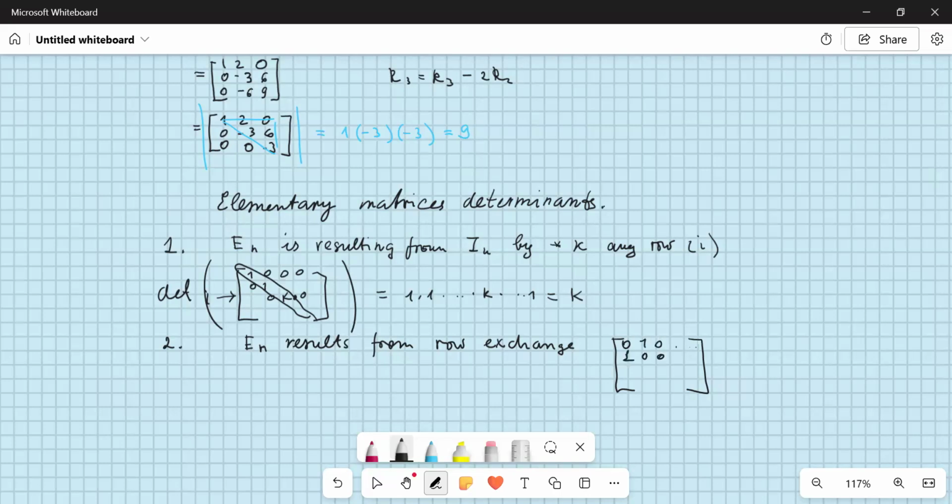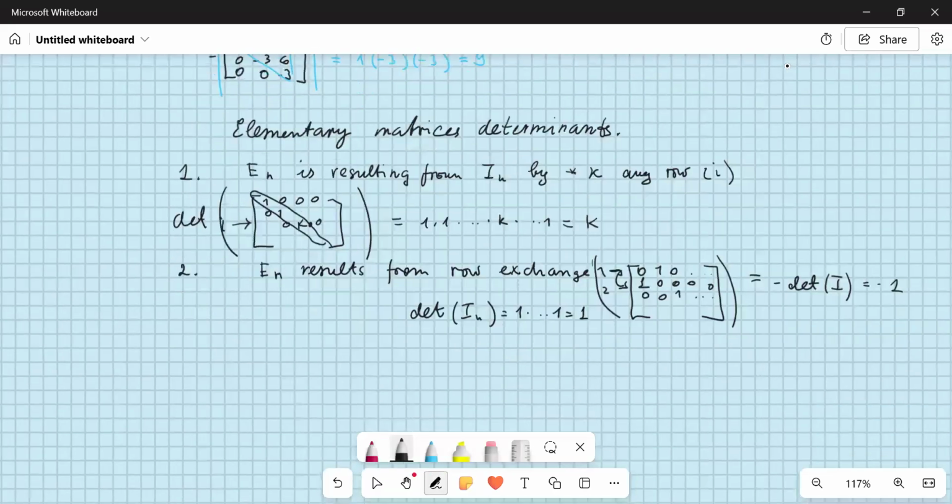And instead of 0, I'm going to have 1. So this is exchange of row number 1 and 2. I know that the determinant of this exchange is supposed to be minus the determinant of the original matrix. My original matrix is identity. So the determinant of the identity matrix is a product of diagonal elements, which are going to be the product of ones, right? Because I exchange rows, the determinant is going to be minus the determinant of identity, which is going to be just minus 1. So that's the second elementary matrix.